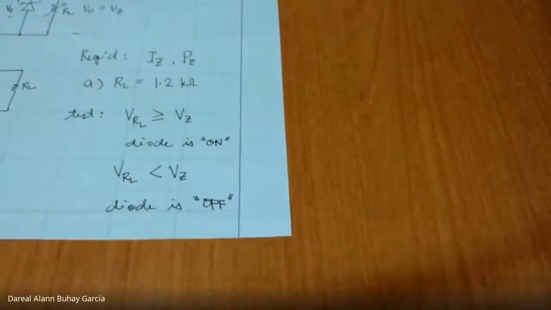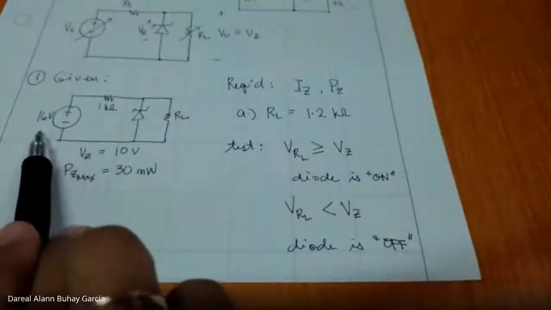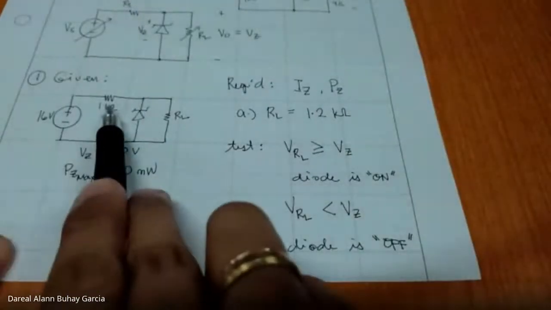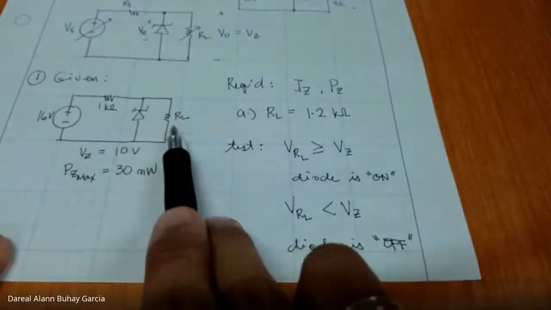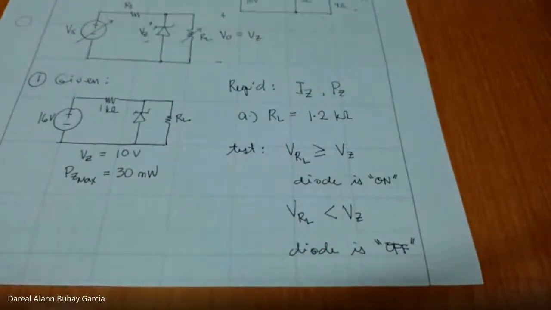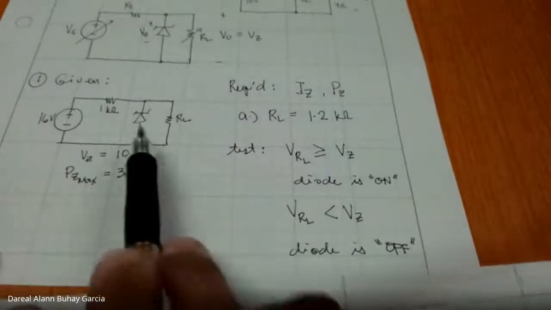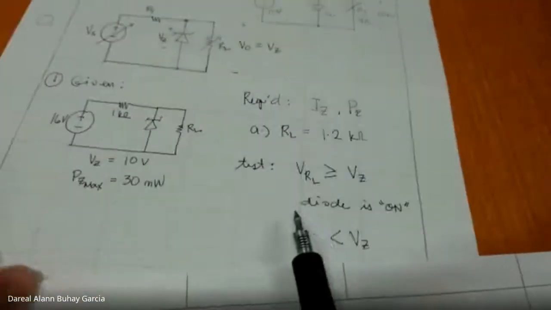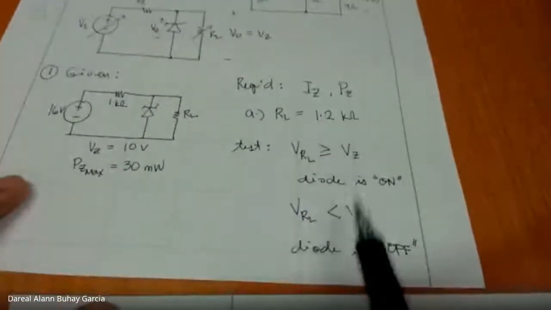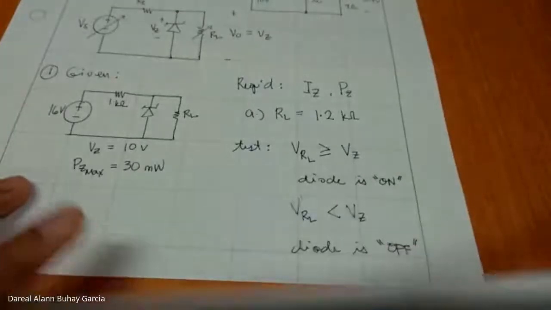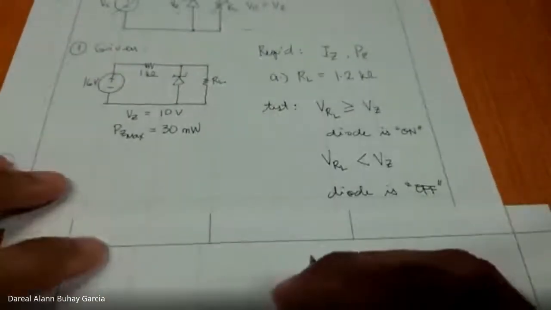Okay. So gamit ani nga given, our source voltage is 16 volts, 1K RS, 1.2K RL. So now, by removing the Zener Diode circuit, let's try to find out asa ani nga condition ang true, no? Okay. So solution.